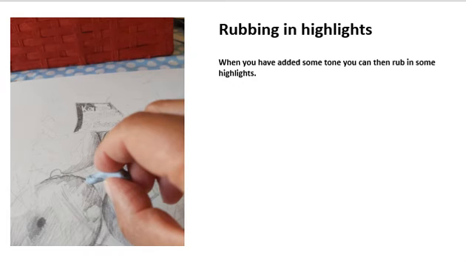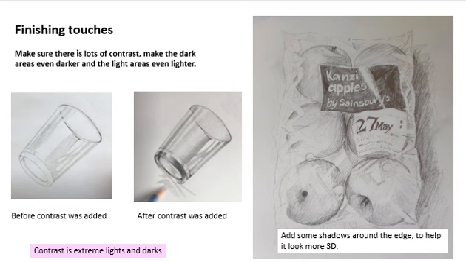In the next slide, we've spoken about if, for example, you do go a bit crazy and you've got a grey page, you can rub some highlights back in again with a rubber. That's really good to do. And when you add the finishing touches to your drawing, you need to make sure there's a lot of contrast. One mistake that students make is that their drawing is very grey and it's all one shade of grey like this. It doesn't really look that 3D.